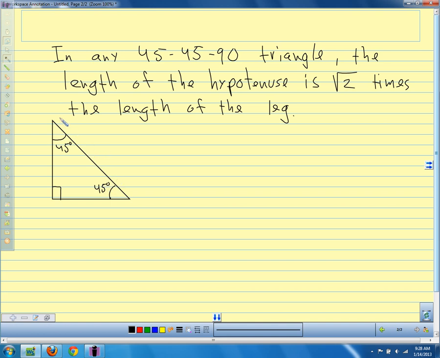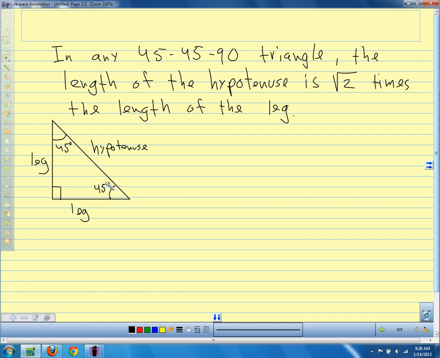The longest side across from the right angle is the hypotenuse. We call the other sides the legs. Now in the 45, 45, 90, these two angles are equal, so the legs have to be the same. The legs are always the same. And if you remember that it's half a square, that'll help you remember that these two sides have to be the same. Those are the sides of the square.